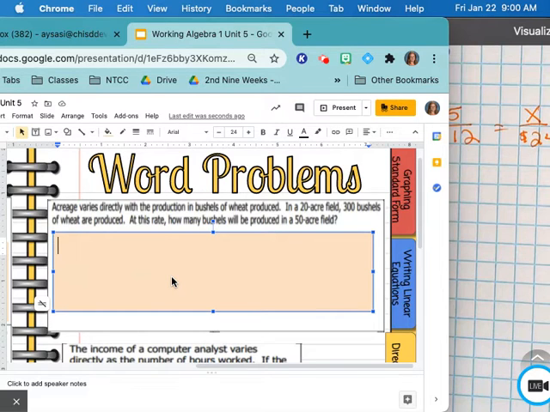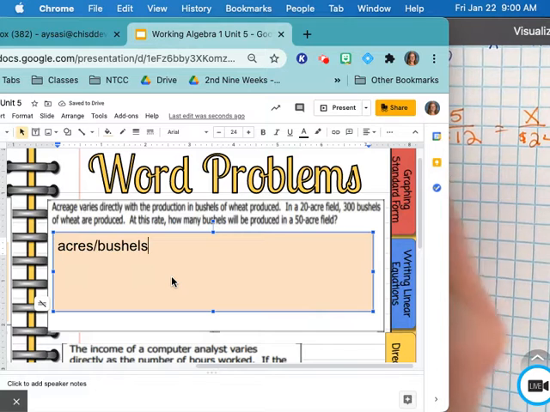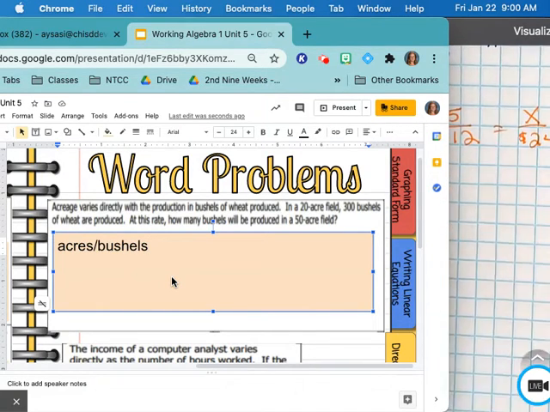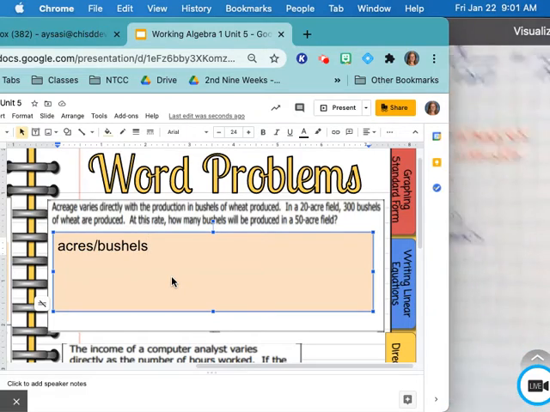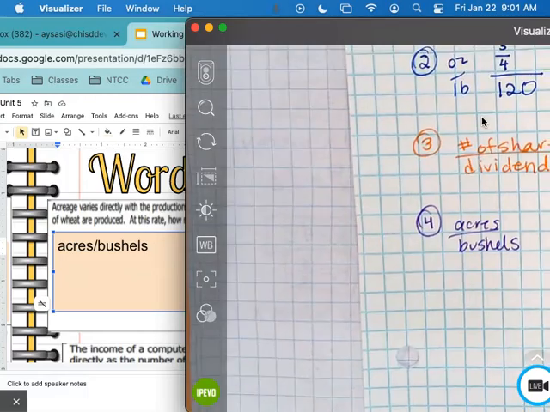So it says acres vary directly with bushels. So after you write that down, then you can type that up rather.